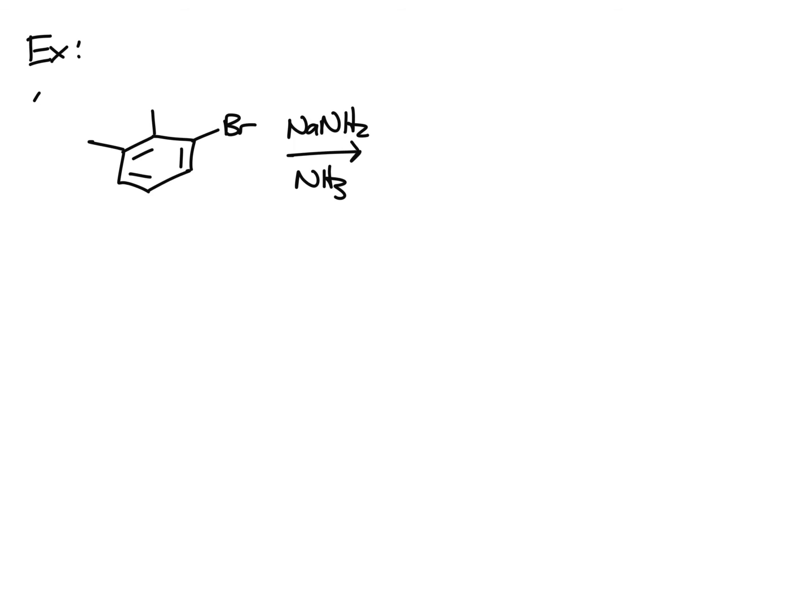So the best thing to do is first draw your benzyne intermediate. Well, you need to lose HBr from the molecule. Well, the only place we can do that from is right here. Because this particular carbon has a methyl group, there's not a hydrogen you can lose.